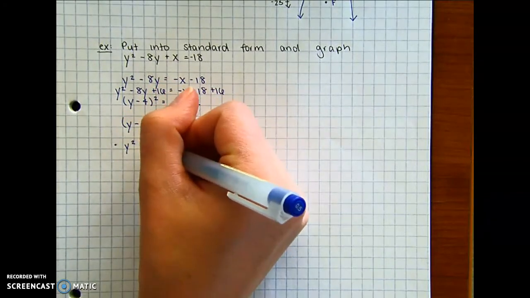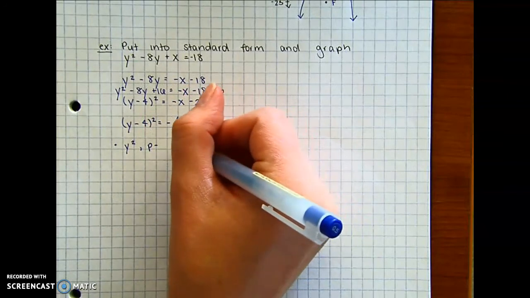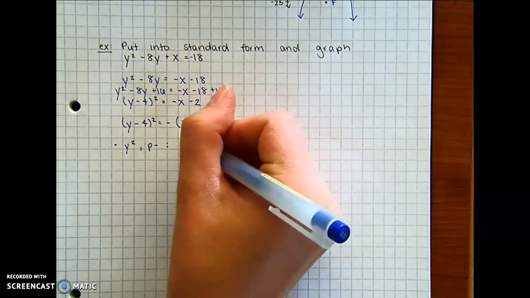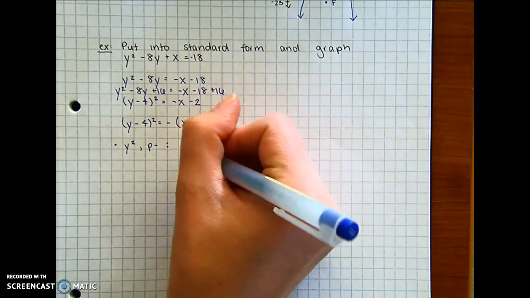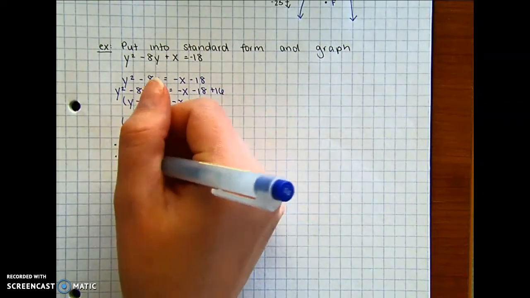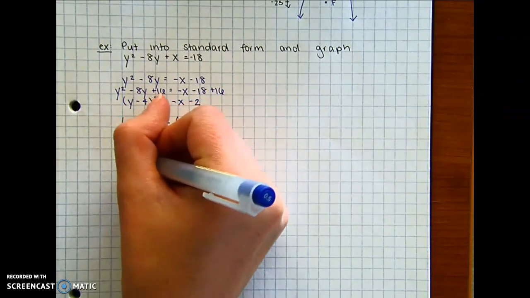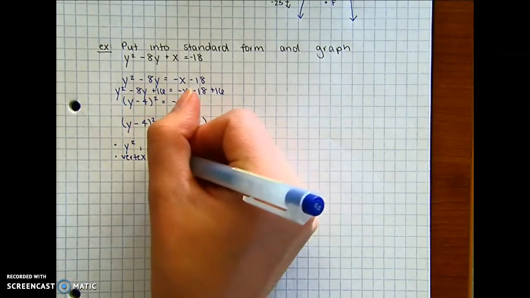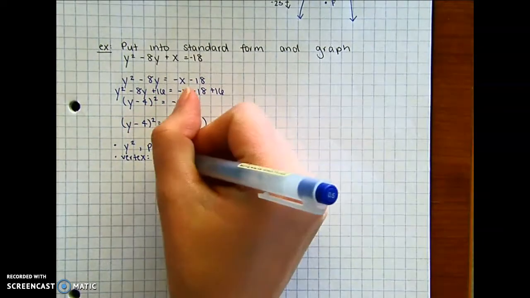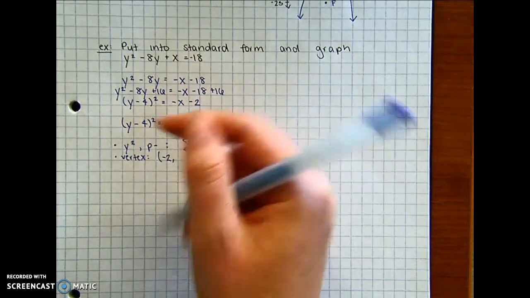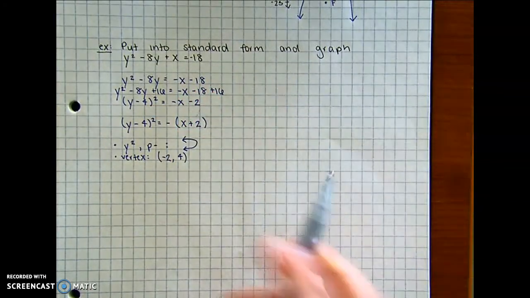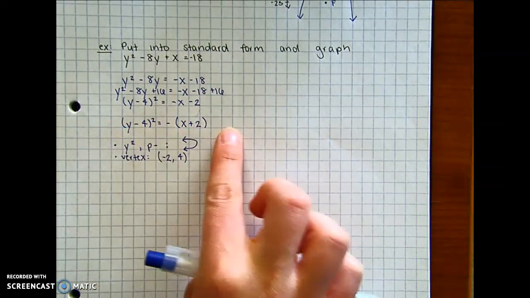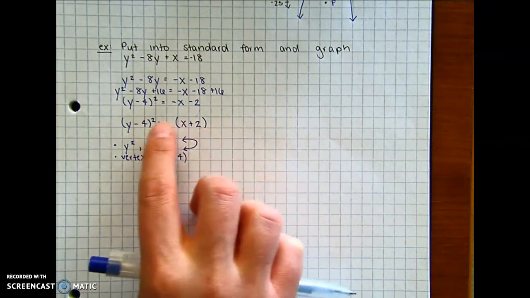And then our p-value is negative, so that means that we are opening up towards the negative values. The vertex is x comma y, so negative 2, comma 4. That tends to throw students off because you want to go from left to right, but you have to go with the x value and then the y value.